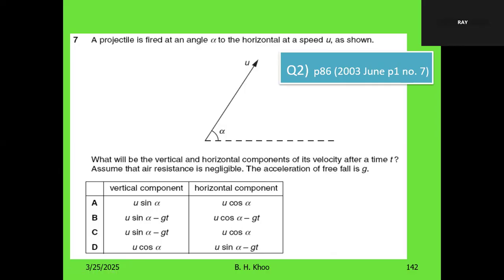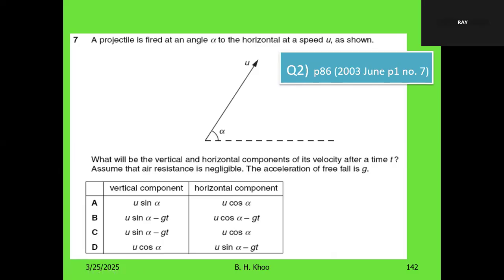U sin alpha. Answer A. No, oh wait, after a time t, not initially. Initially, you're right. But after a time t, horizontal doesn't change, stays constant. Only vertical is uniform acceleration.